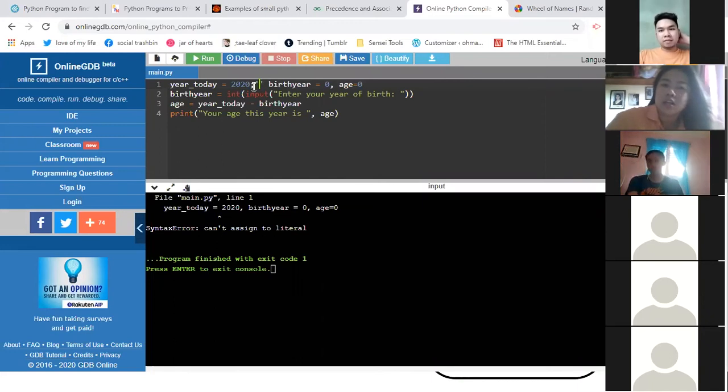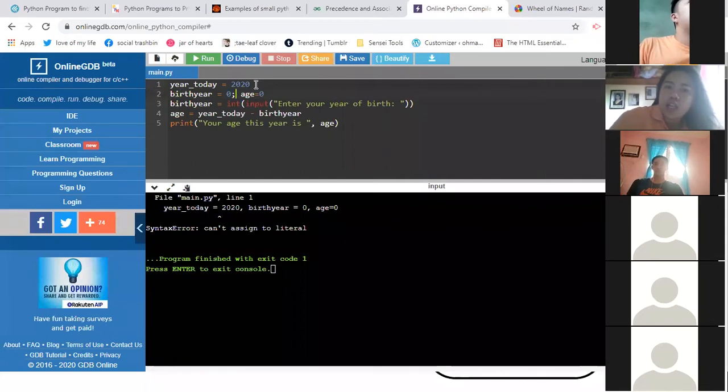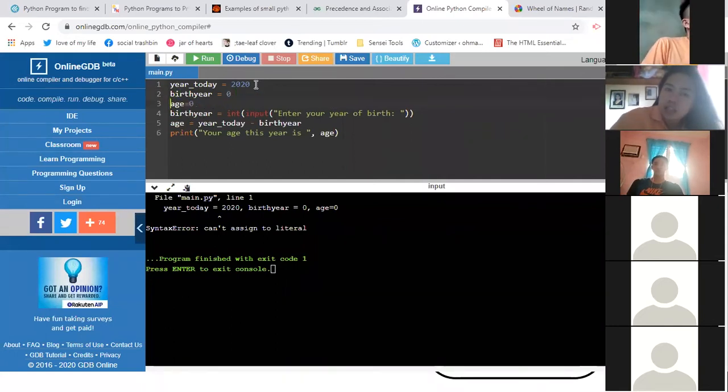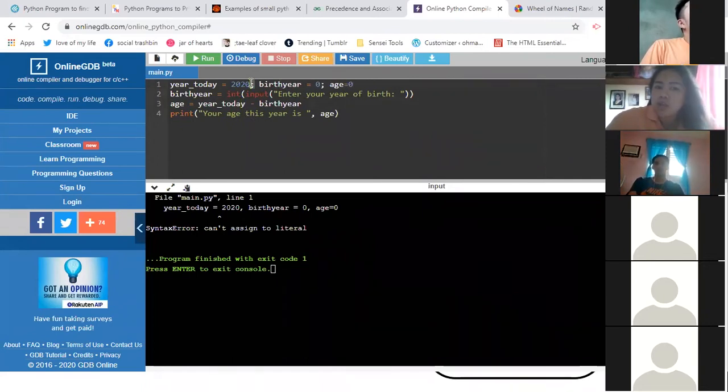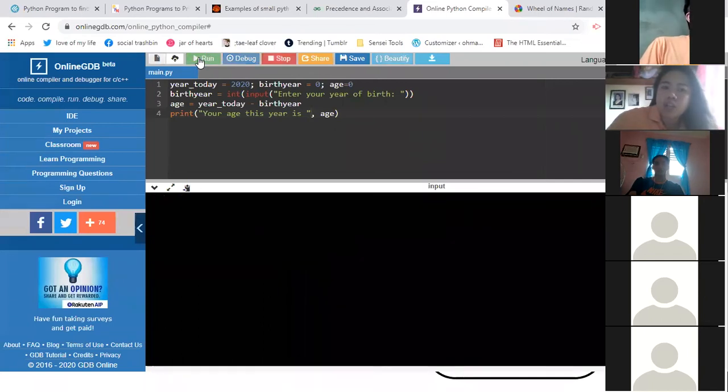This should be a semicolon. Remember, multiple statements in a single line should be separated with a semicolon. If we run this, there should be no more error. Enter your year of birth.